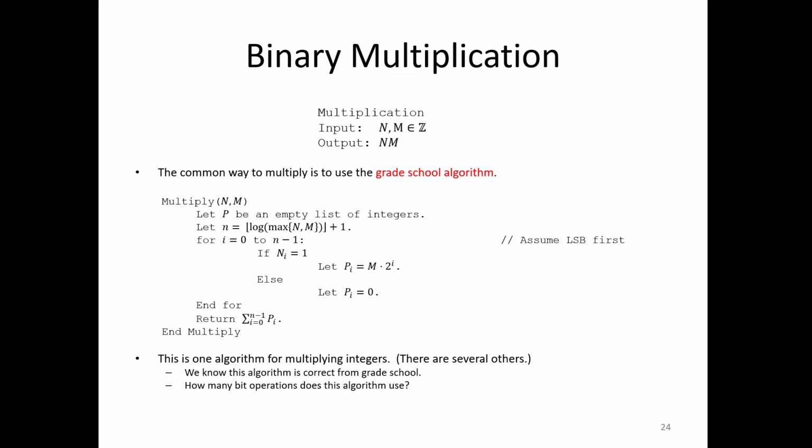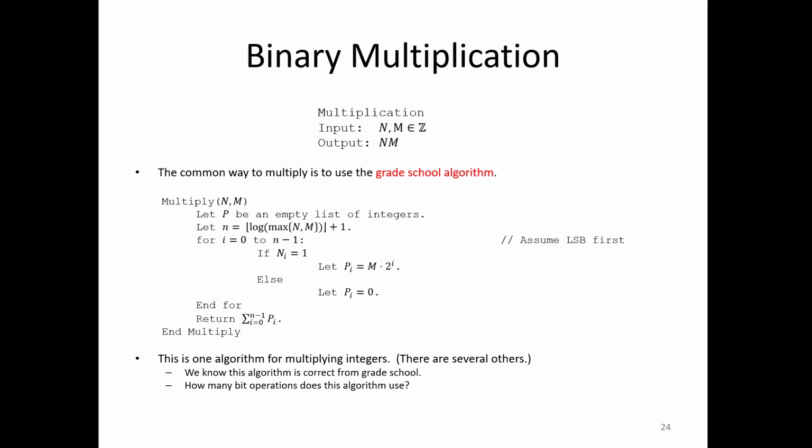So if we're not really worried about that, then we're going to use a fairly simple algorithm to multiply two numbers like the one we have here. So again, let's take a look at it. If you recall from the grade school algorithm, it proceeds by computing a number of intermediary products, and then we sum all those products together.